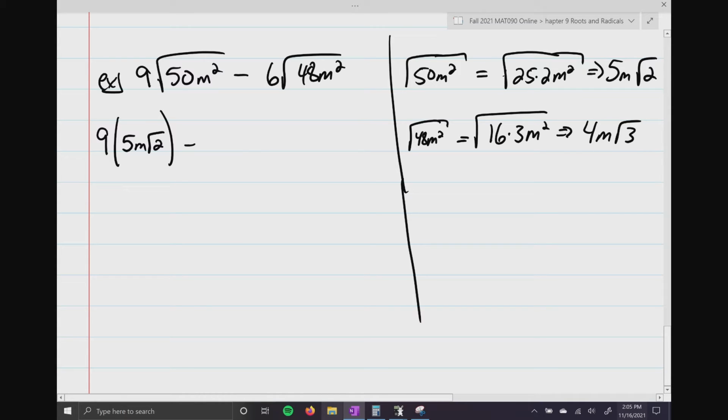So we have 6 times 4m square root of 3. Now, 9 times 5 is 45m square root of 2 minus 6 times 4 is 24m square root of 3.